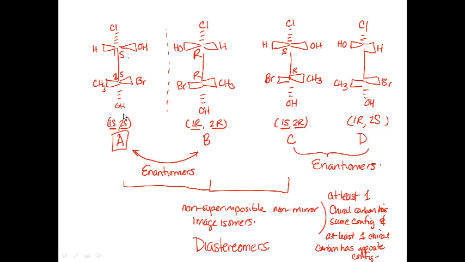And that's its enantiomer. But it can have many non-superimposable, non-mirror image isomers, the so-called diastereomers. So we have two chiral centers in this molecule.